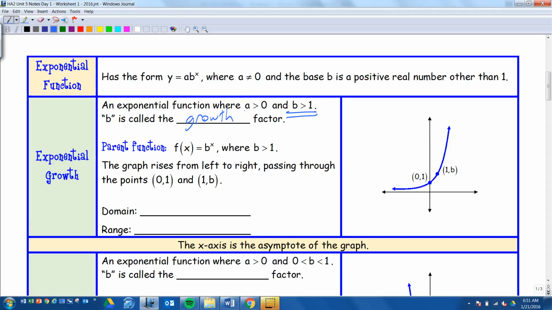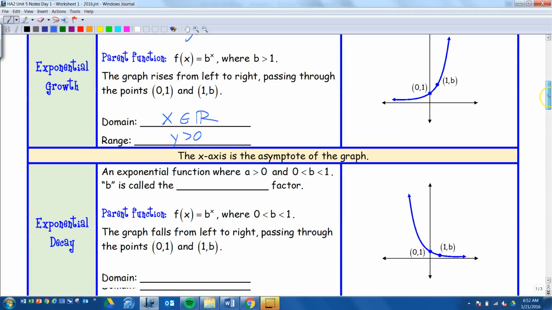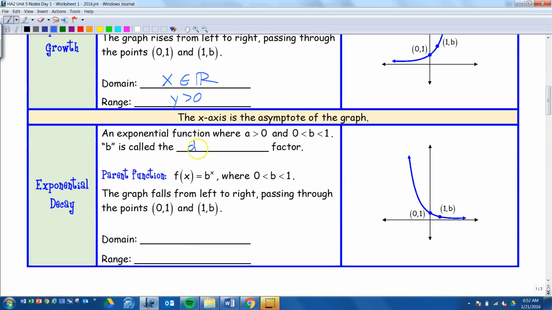And again, for the parent function, this point will always happen, and so will that. And actually, so will negative 1, 1 over b. The domain for these is that x is all real numbers. But the range is that y is greater than 0, because it's never actually going to hit 0. Same thing for this one. This is called the decay factor.